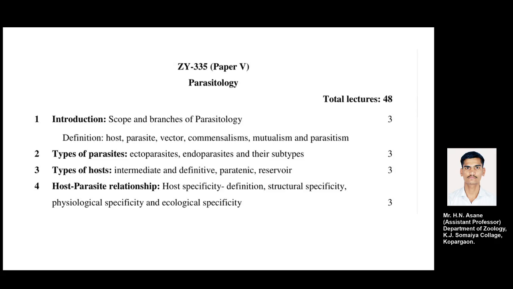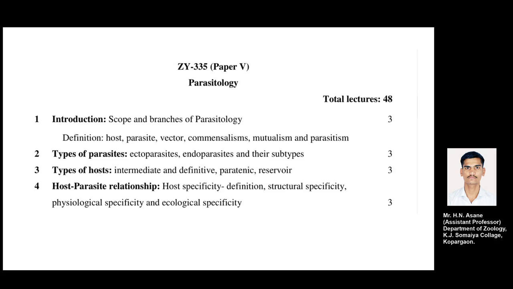And in the third chapter, the types of host. There are various types of host, like the definitive host, intermediate host, parasitic or carrier host, or the reservoir host. The definitive host is the host in which the parasite becomes adult, reaches its maturity, and passes its sexual reproduction.